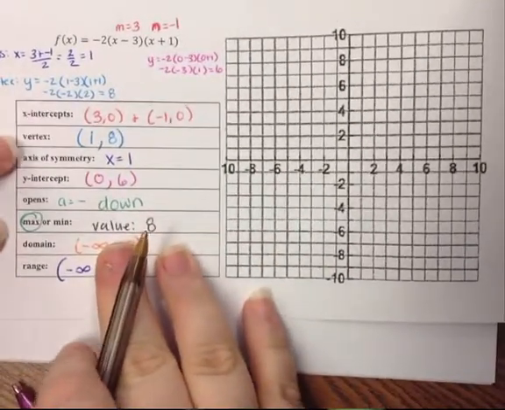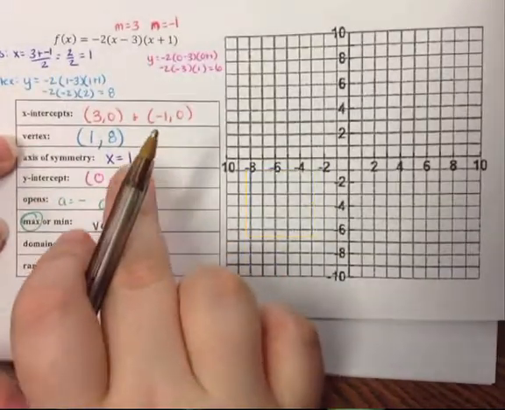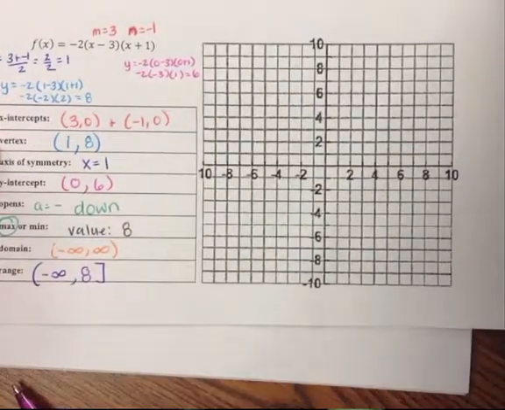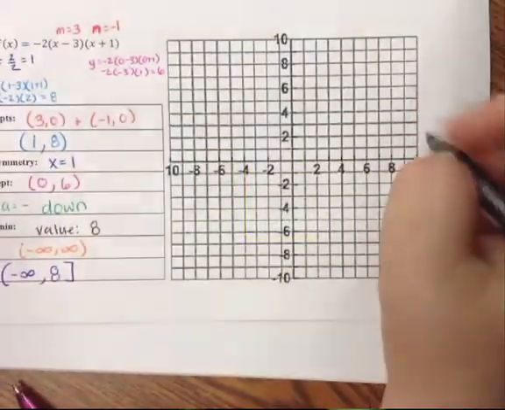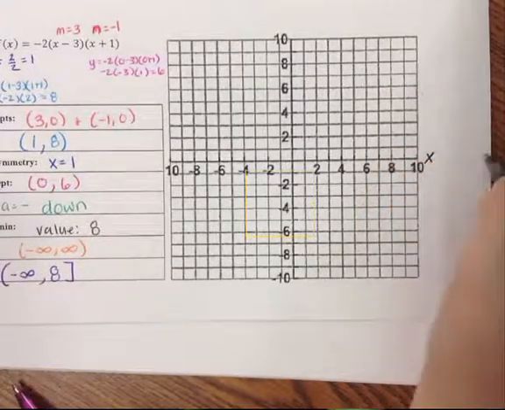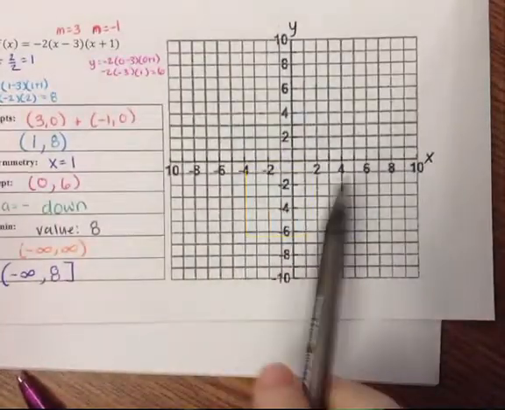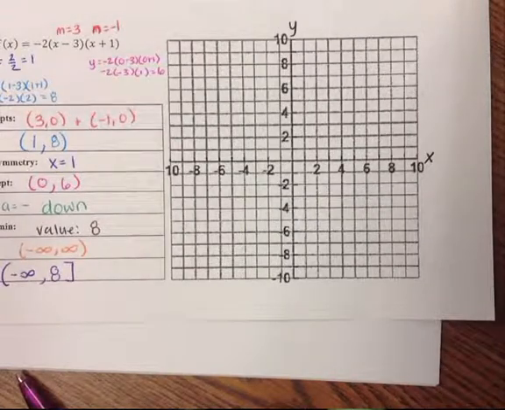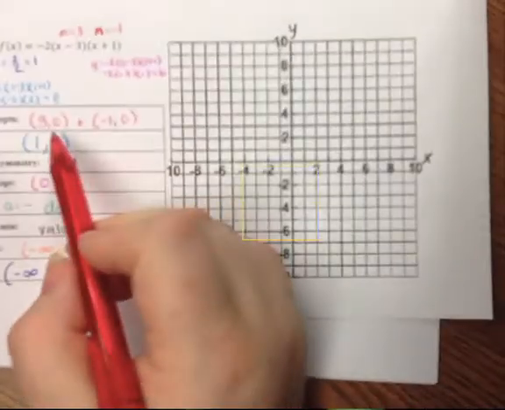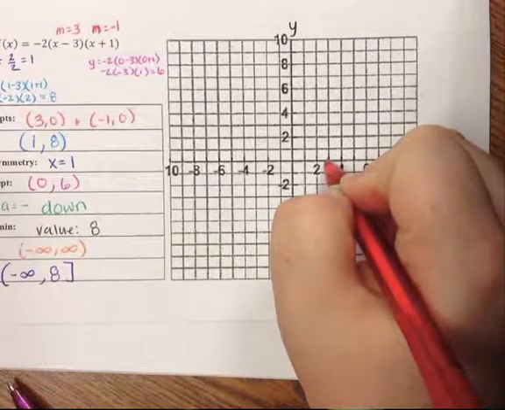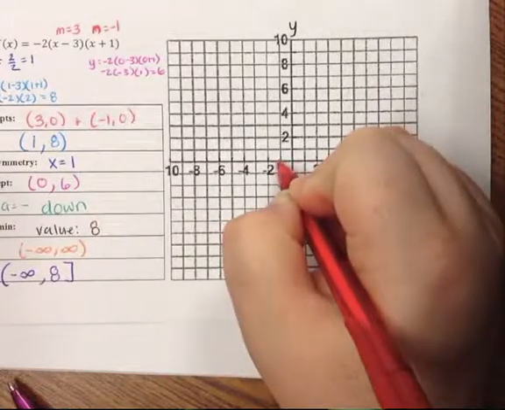I'm going to use these 4 coordinates, and then we're going to do the mirror of the y-intercept to graph. First step is putting the x on the right-hand side and the y up on the top. Again, we don't have to put our count by because the scale is already on there. X-intercepts are at 3, 0, and -1, 0.